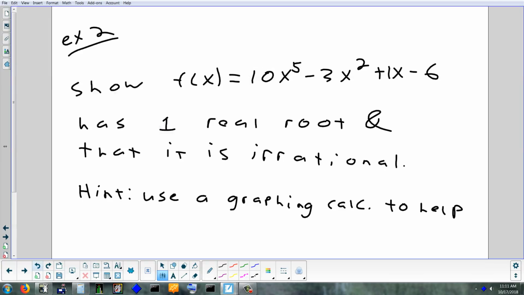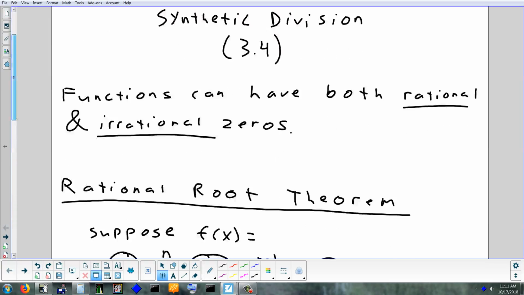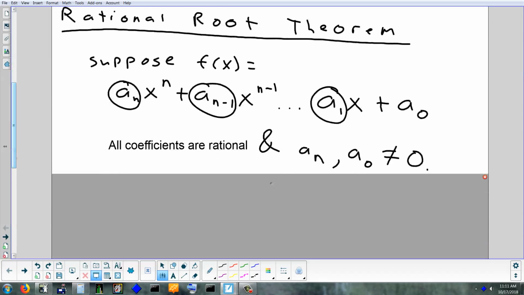Unless it's square root of 4, square root of 9, square root of 16, the square root of a perfect square. But they wouldn't do that. So all the numbers in front have to be numbers you can write as fractions. And the key is that the first number and the last number can't be 0. This doesn't work if the first number and the last number were 0.